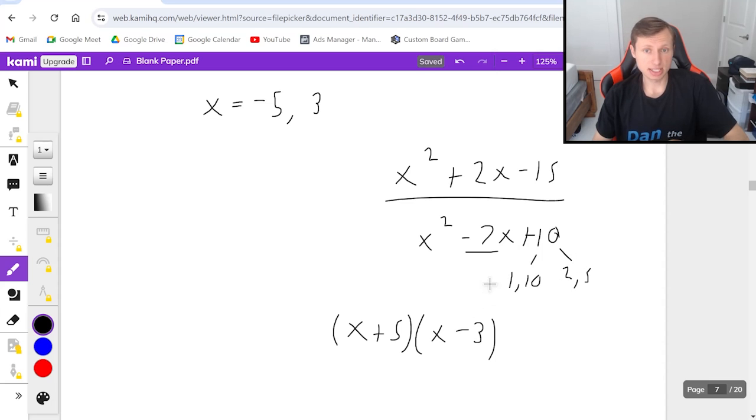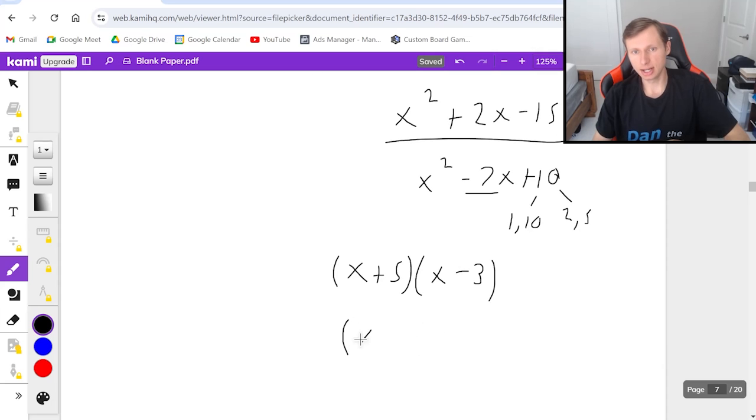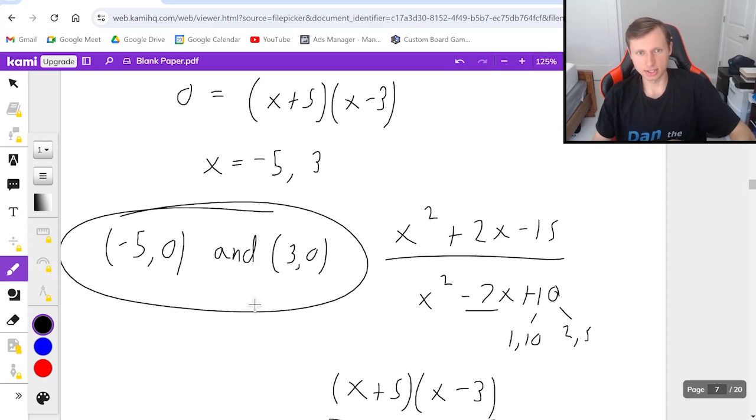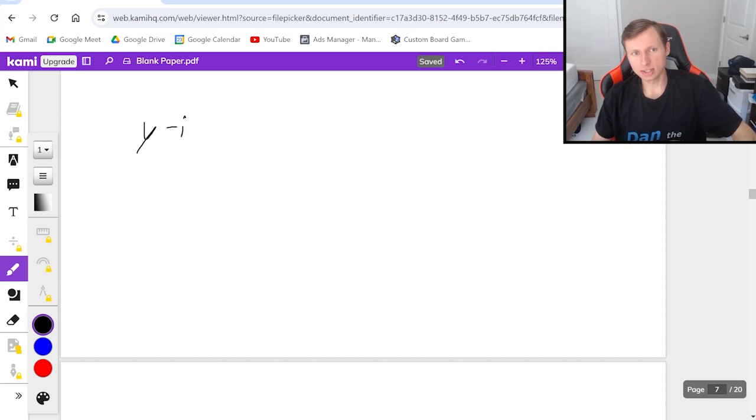And since it's a minus 7 in the middle, I have a feeling it's going to be negative 2 and negative 5 like this. So since there's no holes in the graph, we get to keep both answers, negative 5 and positive 3. Although I should write it like this, (-5, 0) and (3, 0). And that's our answer.